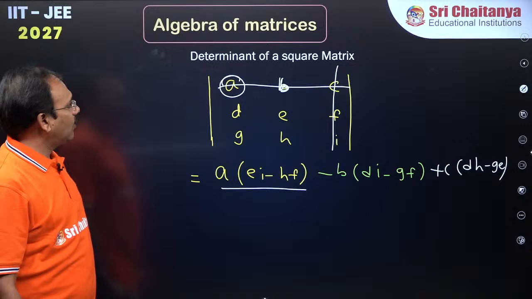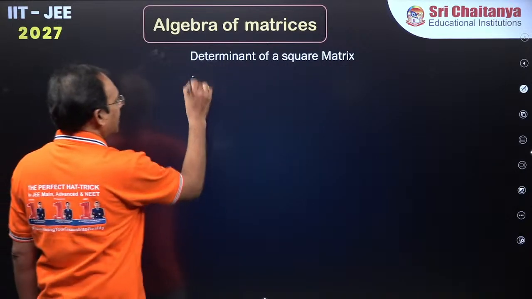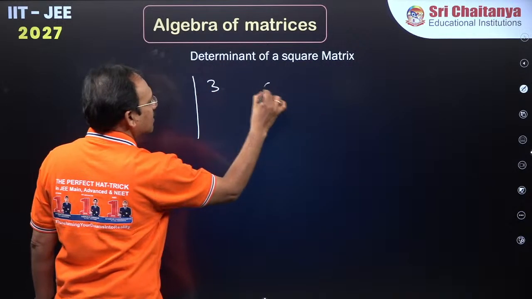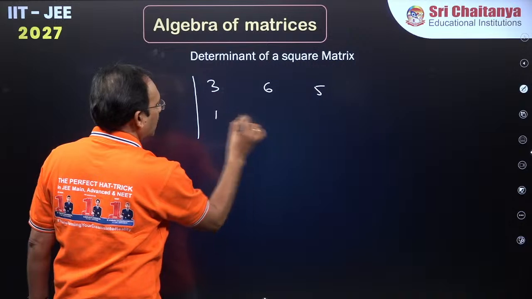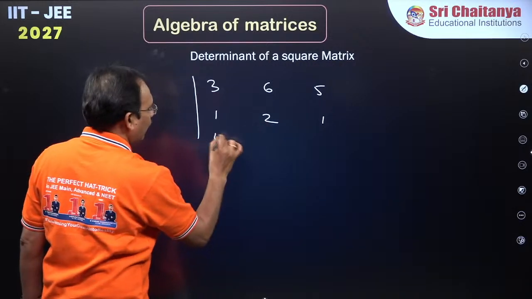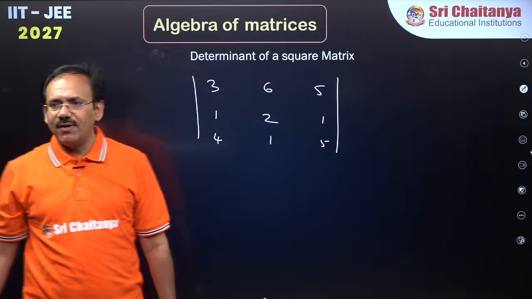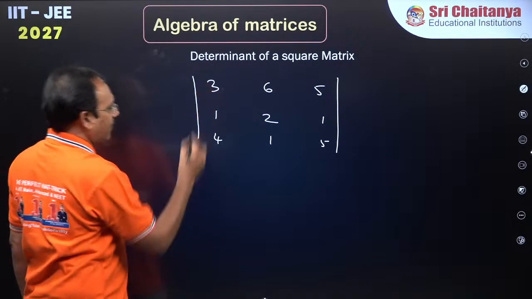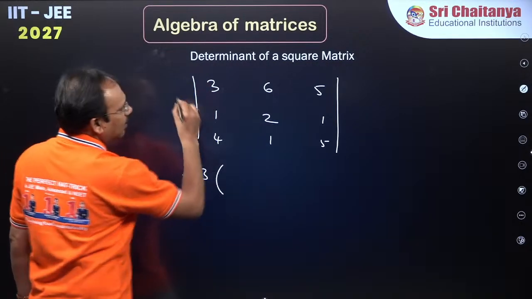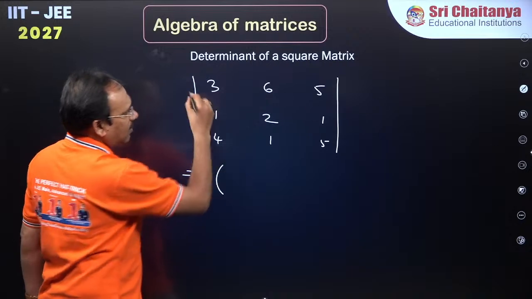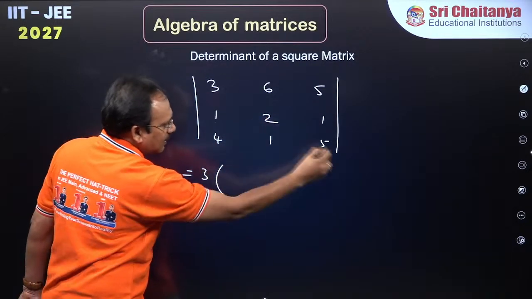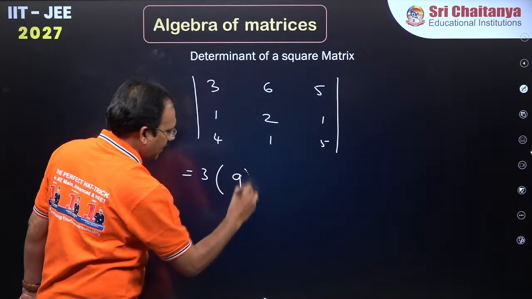Now, let us take an example and try to find the determinant of 3, 6, 5, 1, 2, 1, 4, 1, 5. Come on everyone, please practice this. First element you take 3, remove first row and first column, 10 minus 1, 9.